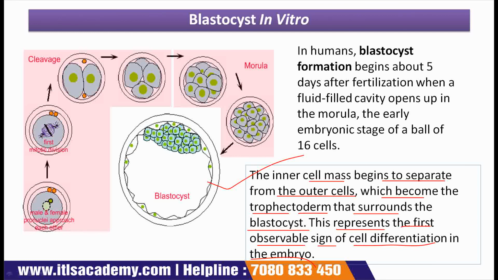Many in vitro fertilization clinics now transfer a 5-day embryo to the uterus for optimal implantation. Implantation is a stage of development that more closely parallels the stage at which a blastocyst would implant in the wall of the uterus in vivo, that is inside the body.